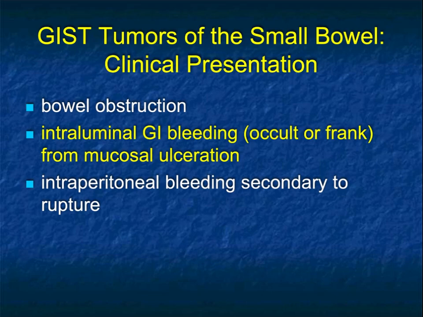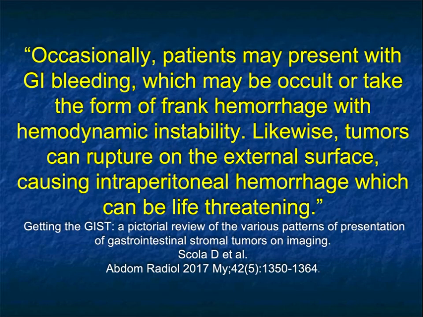When GIST tumors get large, they typically don't have spontaneous bleeding, but when they're small, they commonly will bleed. GIST tumors also can cause obstruction by intussuscepting. They can, as they grow exophytically, in fact rupture and cause hemoperitoneum. So it's a very, very important tumor to remember.